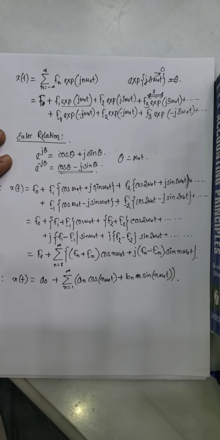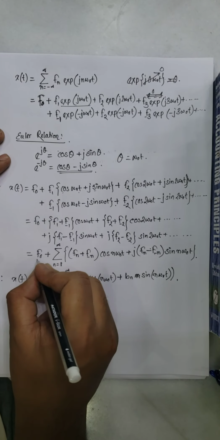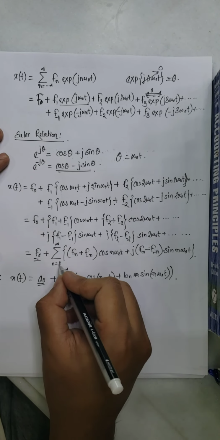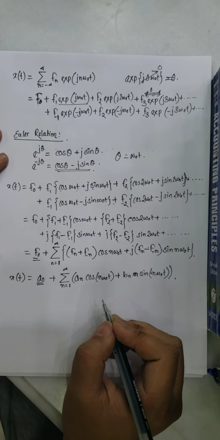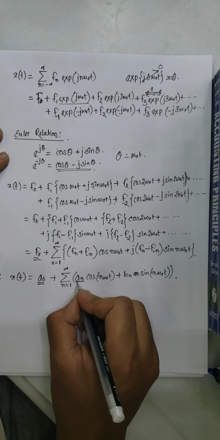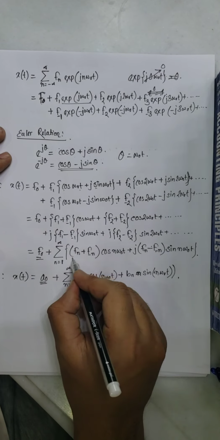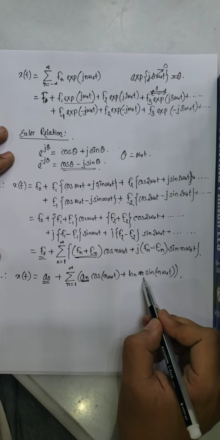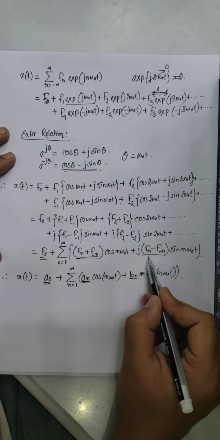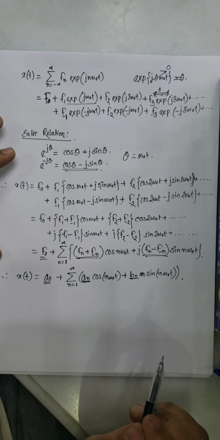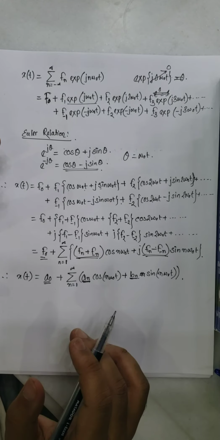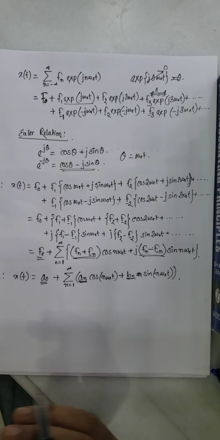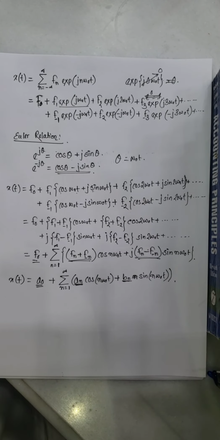So in both cases we see there is a DC component. The sum runs from 1 to infinity, and an is analogous to this term f of n plus f of minus n, and similarly bn is analogous to this term. So I hope you understand how the exponential form of Fourier series comes from the trigonometric form of Fourier series.